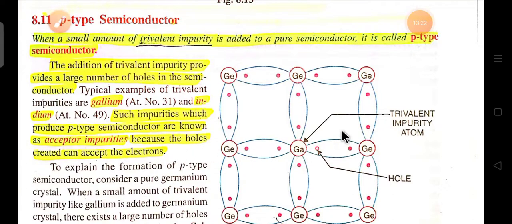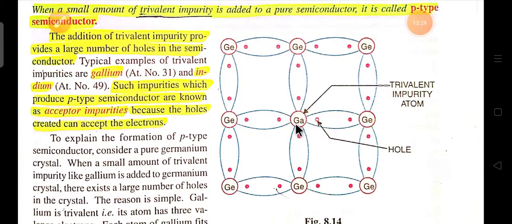Here see gallium. Gallium is trivalent, meaning three electrons in its outermost shell. Germanium has four electrons in its outermost shell, so three electrons of gallium participate in covalent bonds, but there is a vacant or missing electron, a hole, created in another covalent bond.